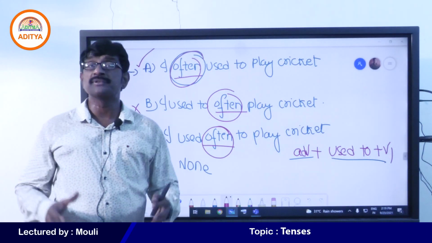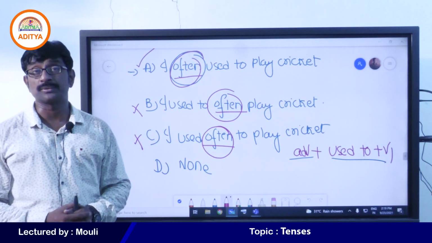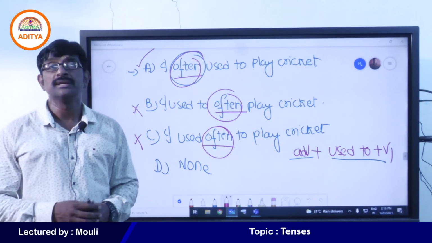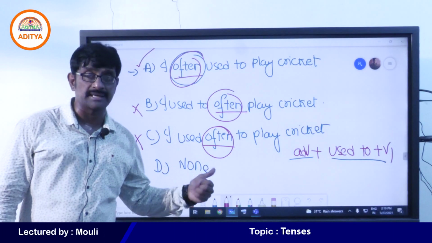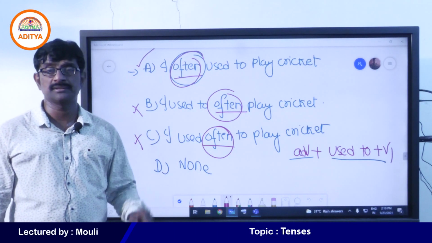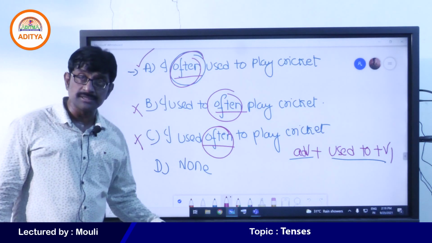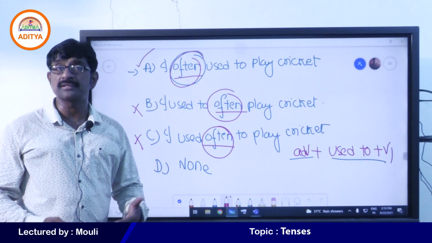But this is one of the most confusing sentences, students, because with used to, it is very difficult to decide this. So you must remember this. This is very important. If you have written this, I will go for the next step.